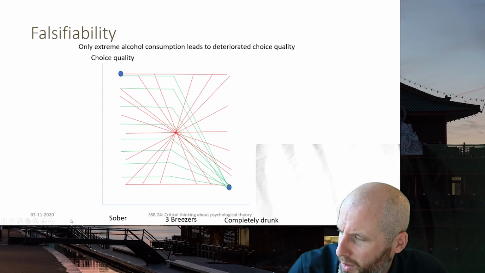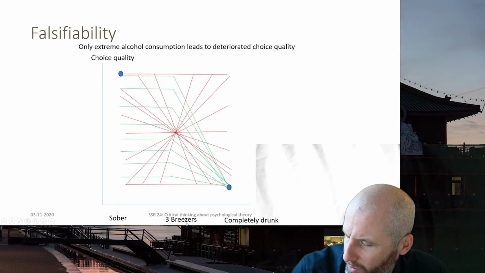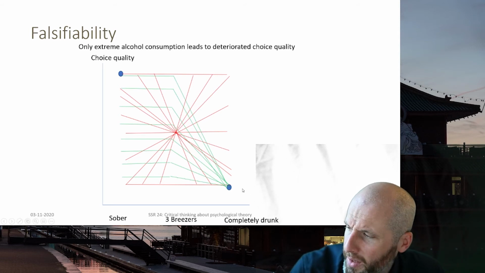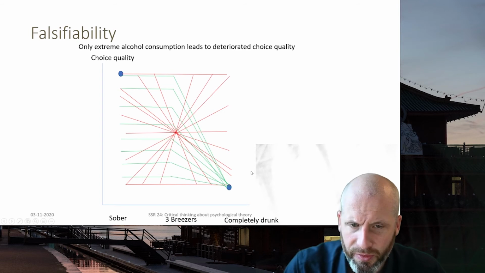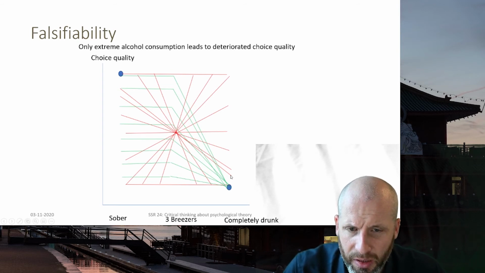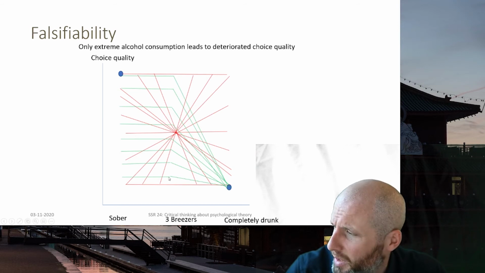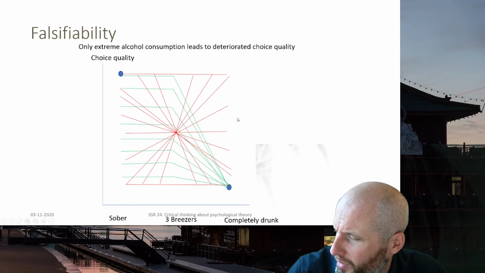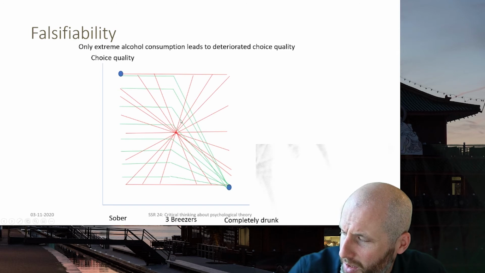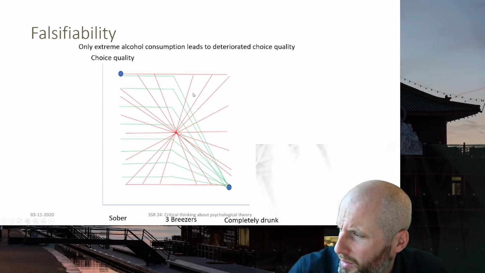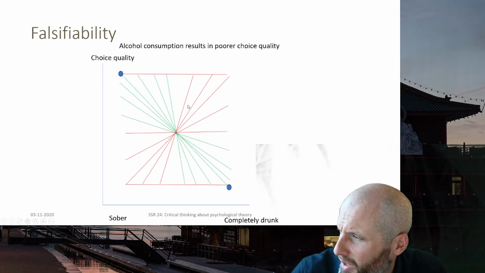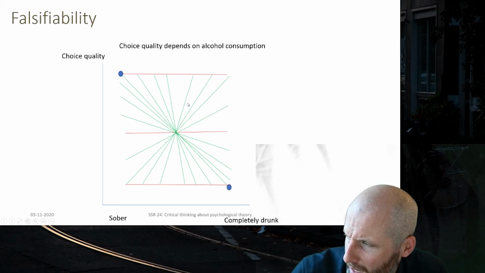And if you then make our measurement more specific as well, so we have 3 measurement points, when people are sober, when they've drunk 3 breezers, and when they're completely drunk, then the potential class of falsifiers becomes even larger than in the preceding 2 examples. Because any positive or negative correlation or flat relationship or lack of correlation is excluded by the model, and only one specific type of deterioration is predicted. So arguably, this third theory is even more falsifiable than the preceding one, and of course the one before that.